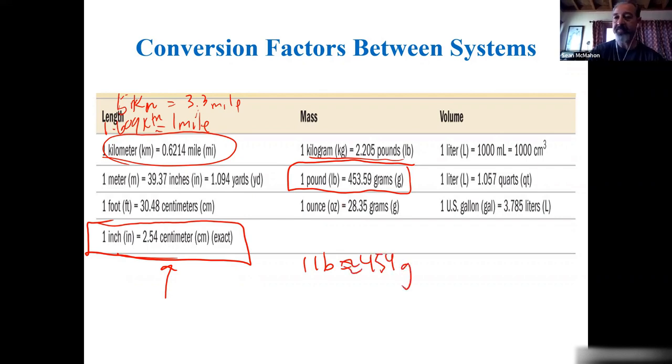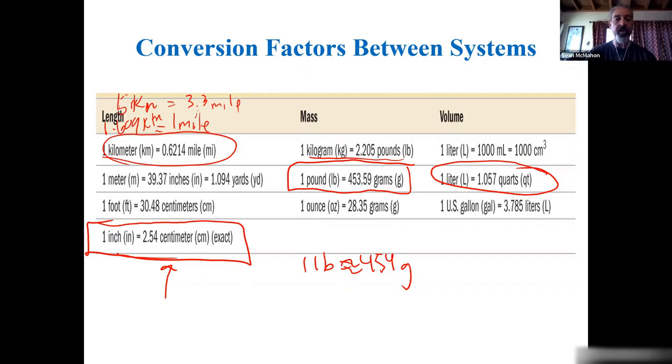You can use that, okay? The one that's tricky is 1 liter is 1.057 quarts, roughly. And we're actually getting comfortable with the liter thanks to the 2 liter bottle.